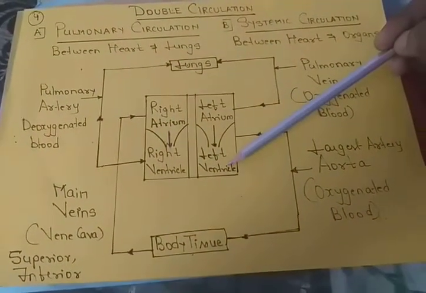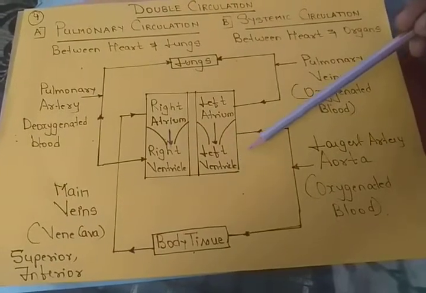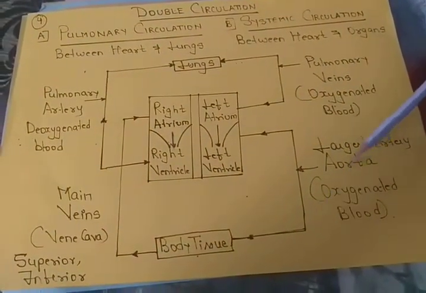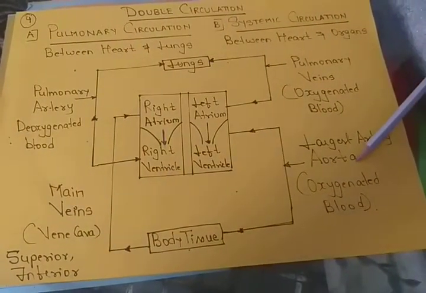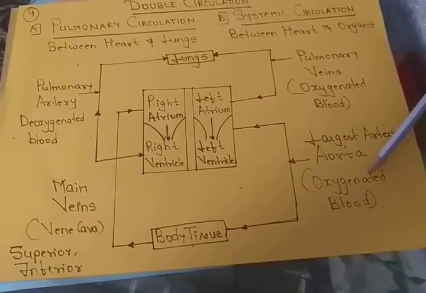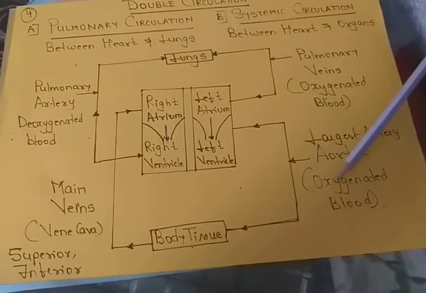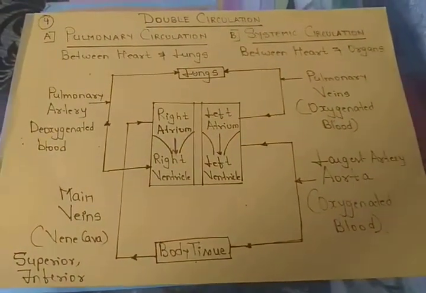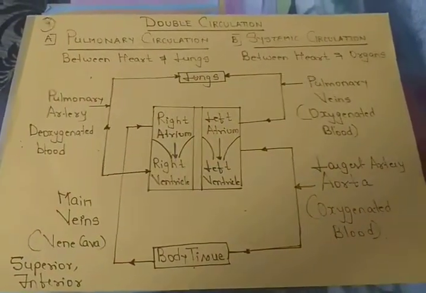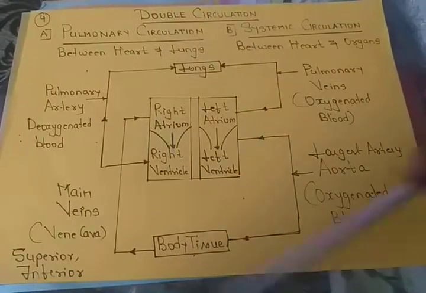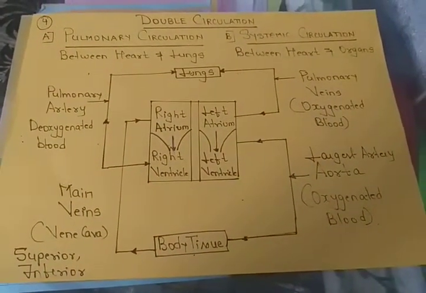From the left ventricle, the blood gets pumped into the aorta, which is the largest artery. And which type of blood is present in the aorta? Oxygenated blood. So from the aorta, it goes to each and every part of the body. And again, this entire circulation is repeated.